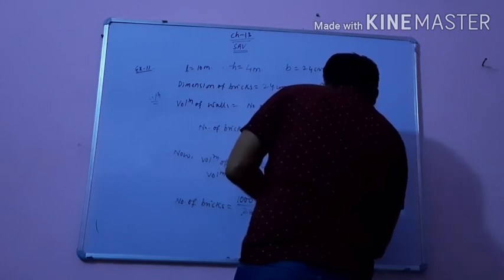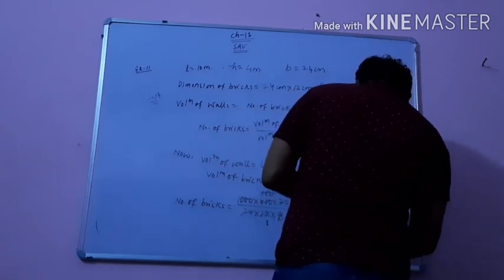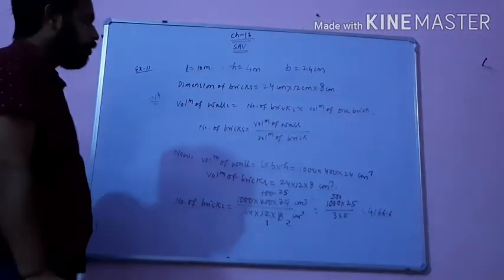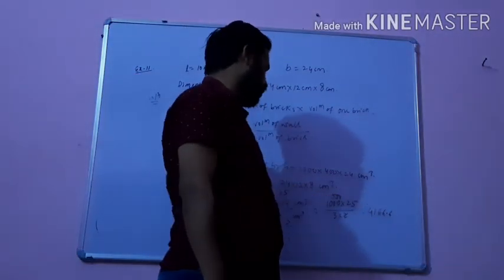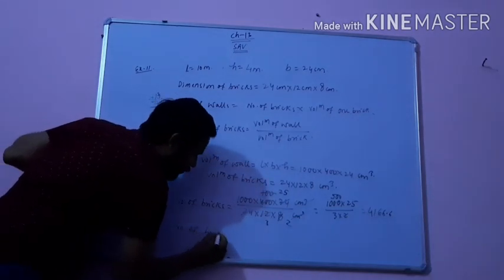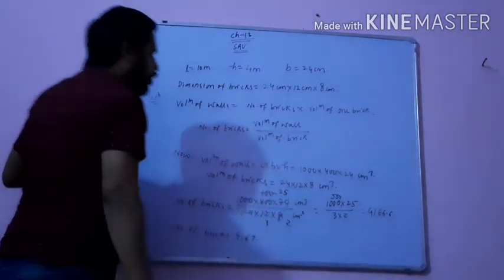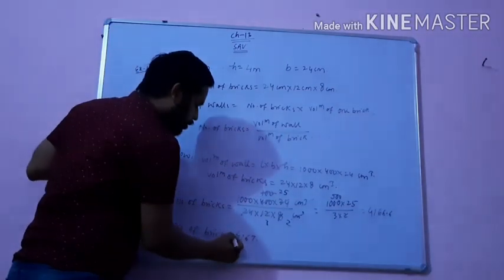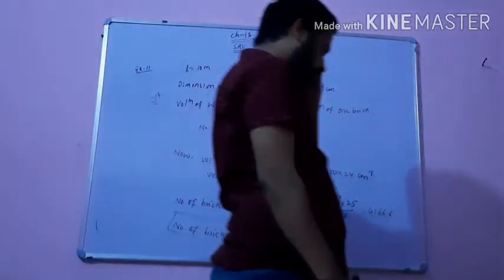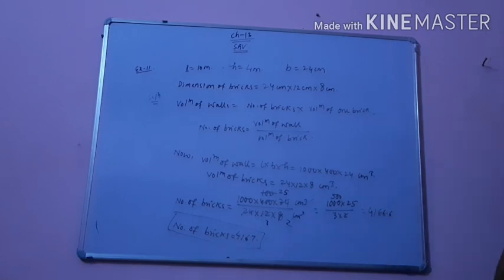This is 2500 upon 6, that will be equal to 416.6. What is the value coming? So the number of bricks required will be 4167, because bricks cannot be in decimal form. So this was the first example.